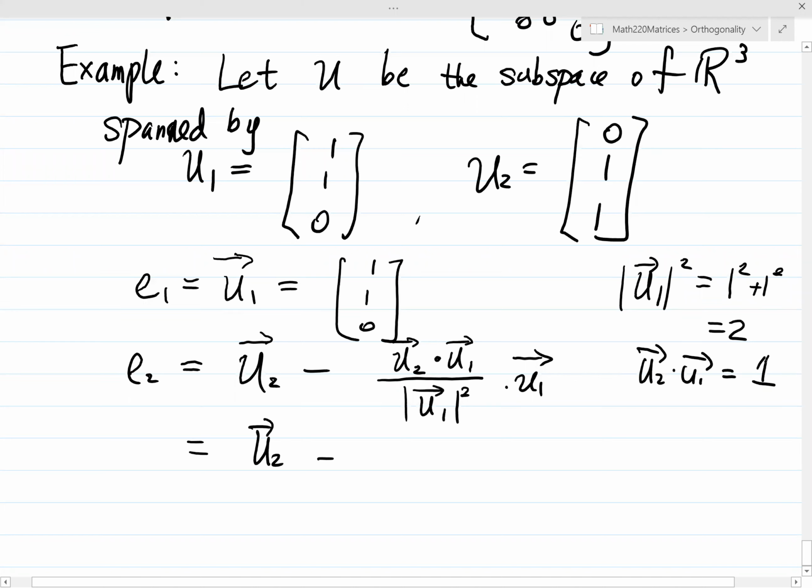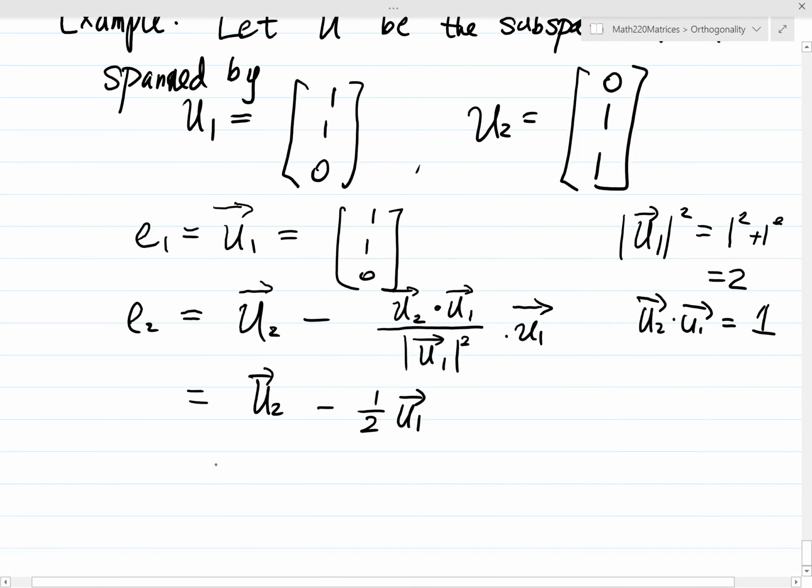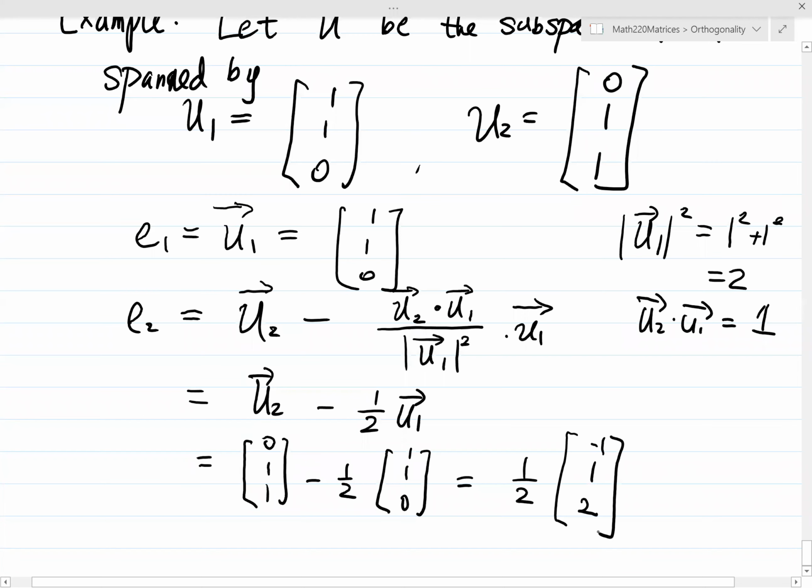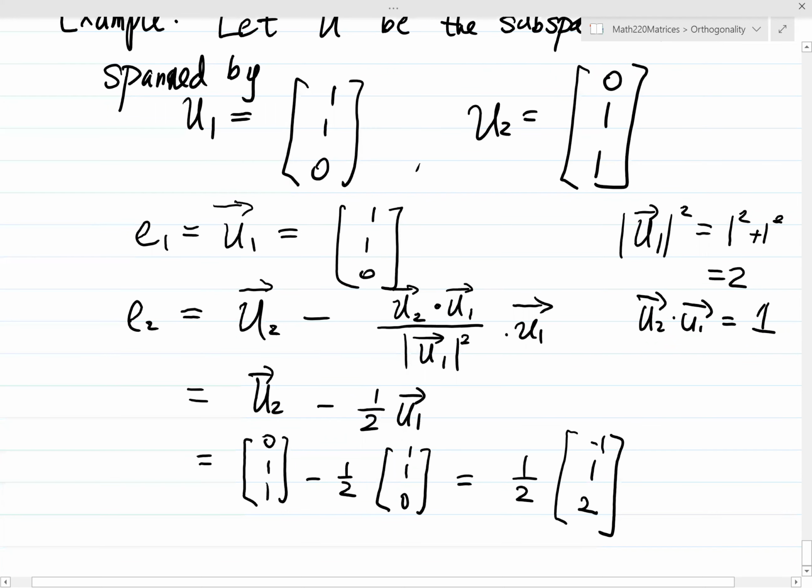So this will be 1/2 times U1. Plugging in U2 and U1, (0, 1, 1) subtract 1/2 times (1, 1, 0). Do some algebra, that's easy. You finally get 1/2 times (-1, 1, 2). You can believe me.